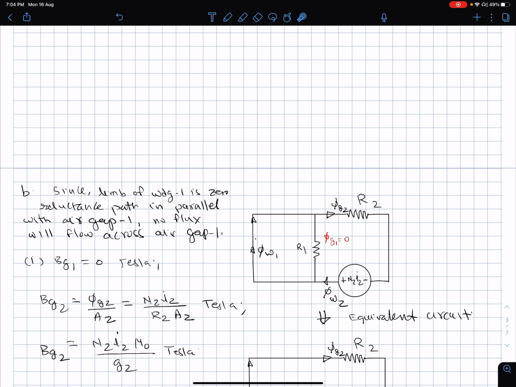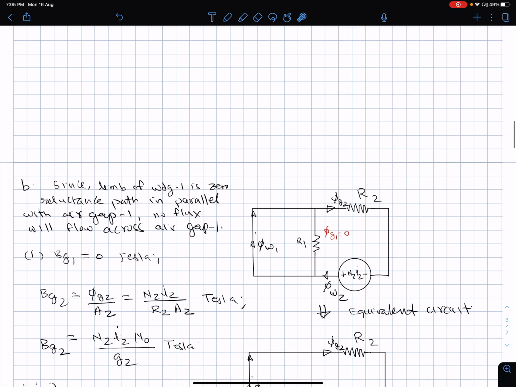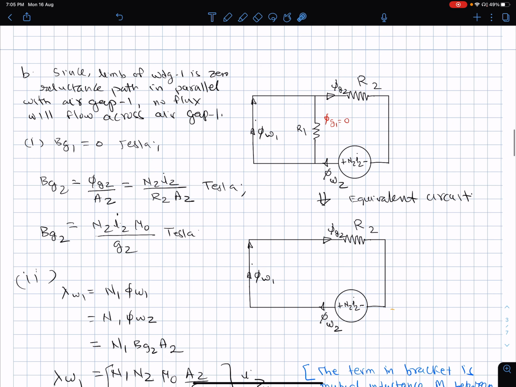Now let's repeat the same thing with N1 I1 being 0, because I1 is 0. So the MMF path where there was an MMF N1 I1 is now short circuited. So you have N2 I2 sitting here. This is a short circuited path, so this reluctance will not have any role to play.